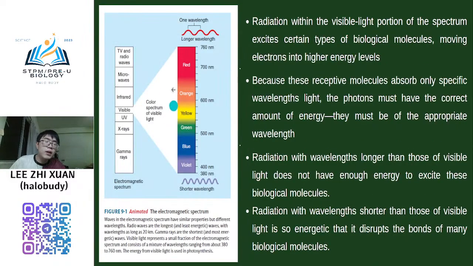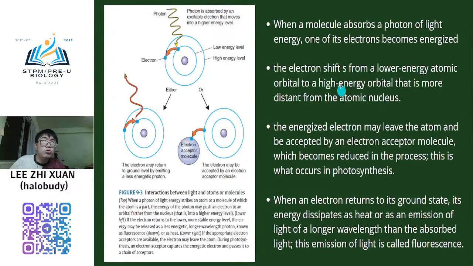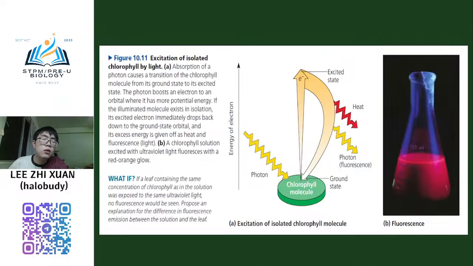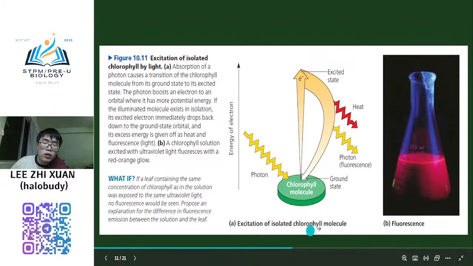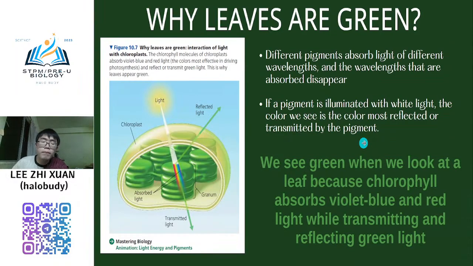How the electromagnetic spectrum goes toward an absorption of the spectrum, all this you need to write in these terms. I think I have explained this: excitation of an isolated chlorophyll molecule, ground state becomes excited state, and then it releases energy.